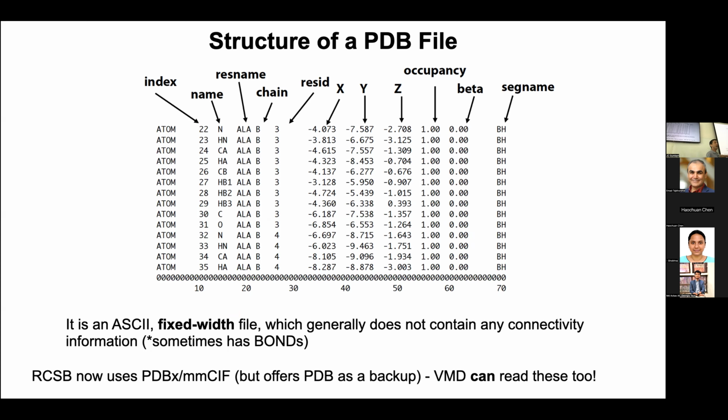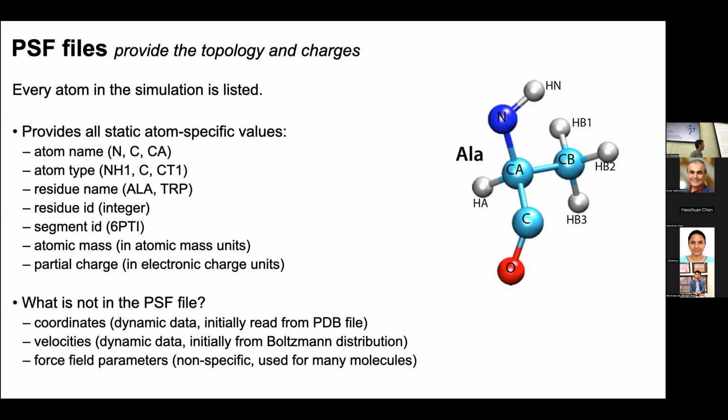Just be aware of that and note that VMD can read these files, so it's fine. But the format I'm showing here is specific to the original PDB format. Okay, so that's what we need to start. But then, like I said, there's typically no bond information, or it's not necessarily reliable when it's guessed.